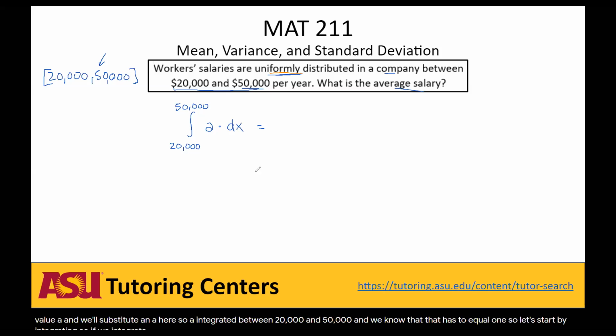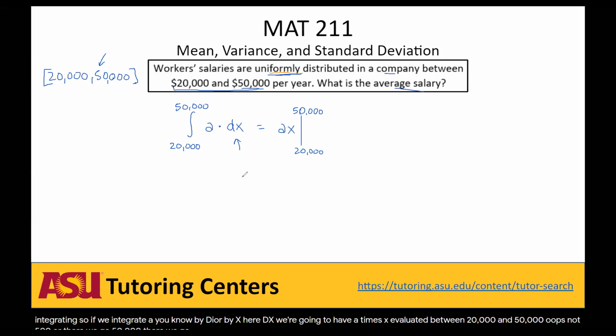If we integrate a dx, we're going to have a times x evaluated between 20,000 and 50,000.